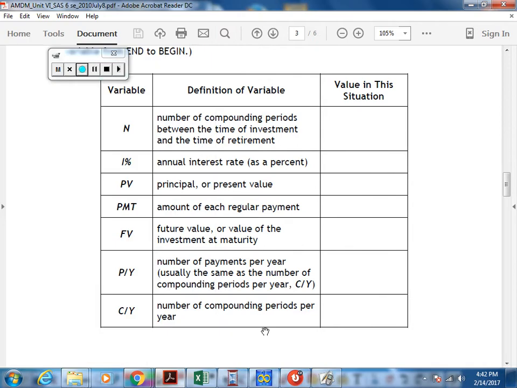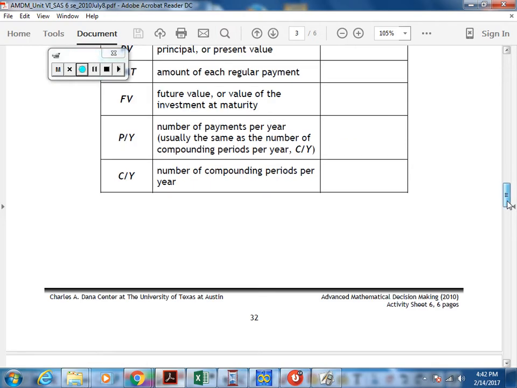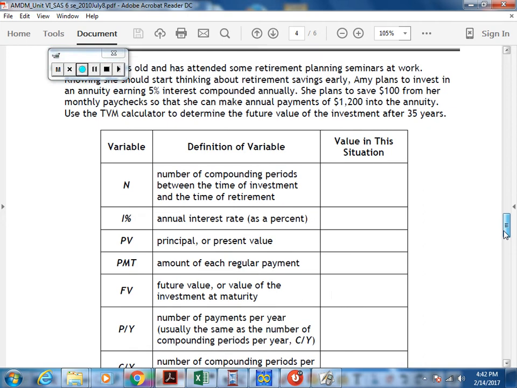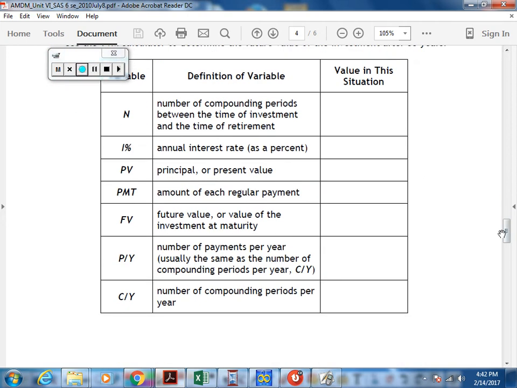And then we move on to the next ones. The next one, number 6, says Amy is 25 years old and wants to attend some retirement planning seminars at work. Knowing she should start thinking about retirement savings early, Amy plans to invest in an annuity earning 5% interest compounded annually.